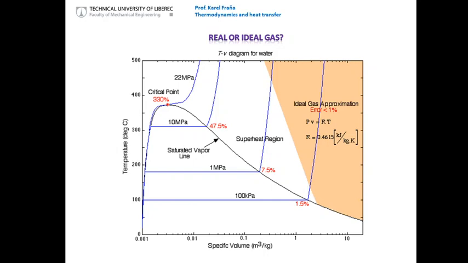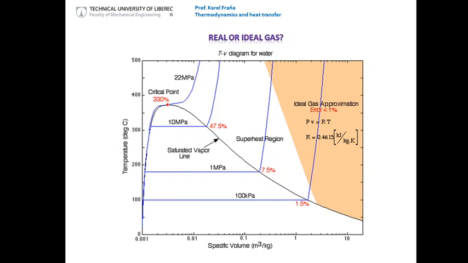You can see that as you move left, this error increases, and at the critical point the error can reach 330% for the calculation. Such high inaccuracy in the calculation is not possible and not acceptable.